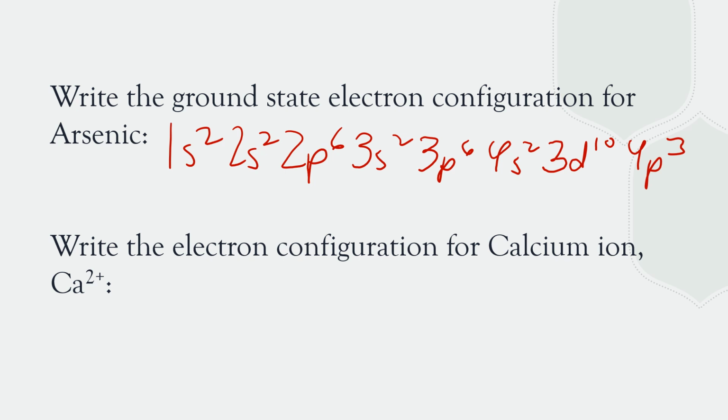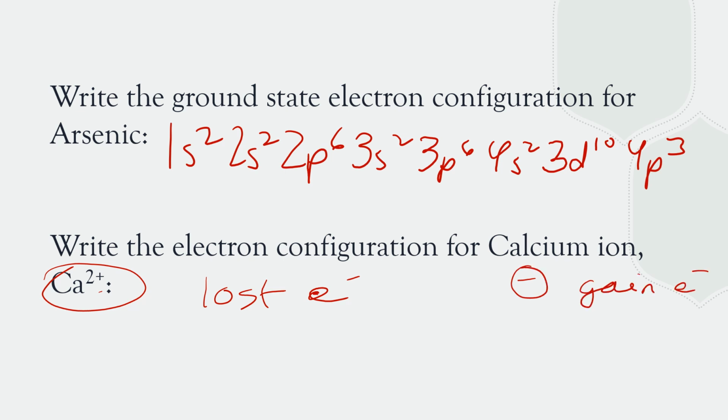Write the electron configuration for a calcium ion. If it's an ion, that means it lost or gained electrons. If you have a plus ion, you lost electrons. If you have a negative ion, you gained electrons. So you have to know the configuration for calcium. If you lost 2 electrons because you have a 2+ charge, you go back into the third level.